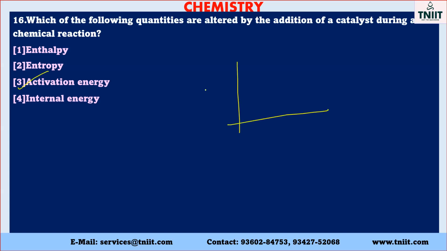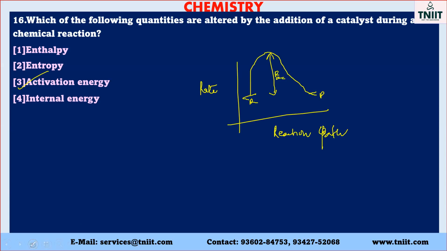If you take the rate of the reaction with respect to the reaction coordinate or reaction path, this is reactants and this is products. In the absence of a catalyst, it requires a larger amount of activation energy, EA.